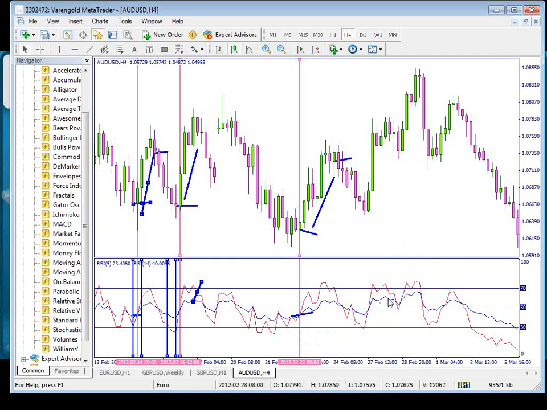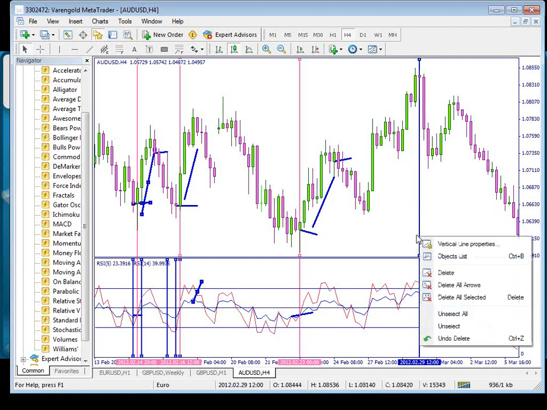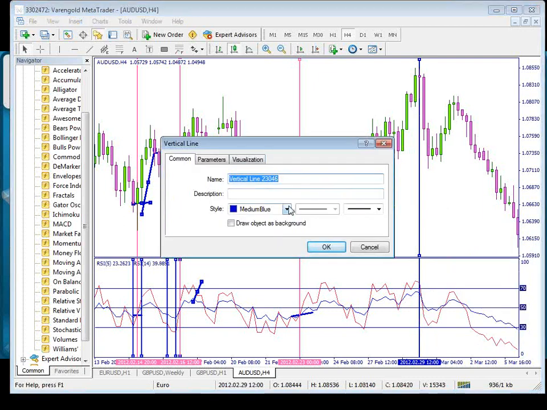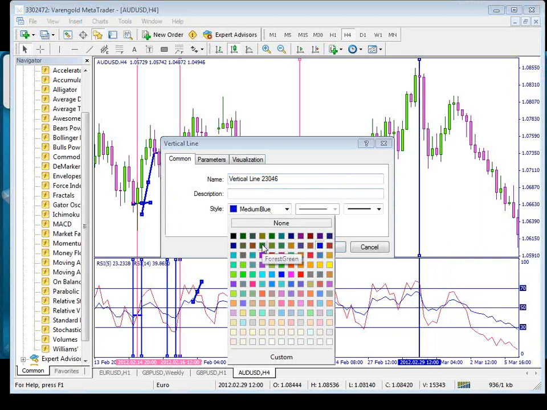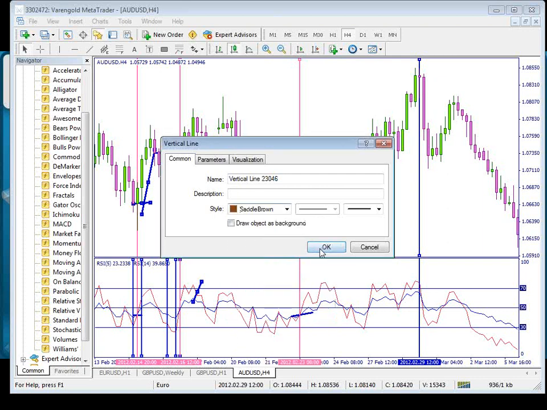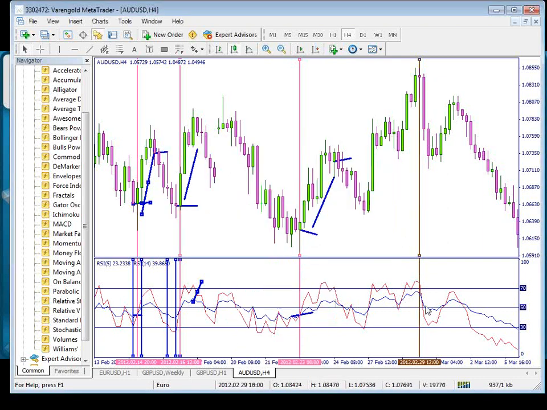For the sell, we have RSI 5 coming from above the RSI 14, like this one. So let me put one different color here. This will be in this area. This will be one signal for sell. We have one other here.